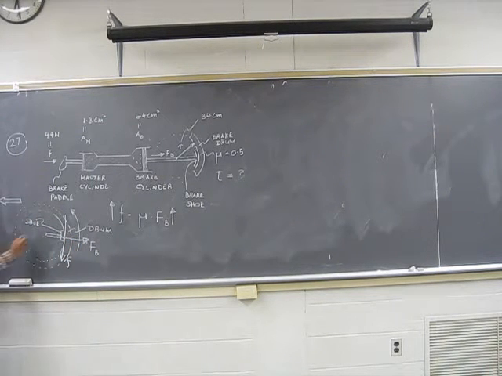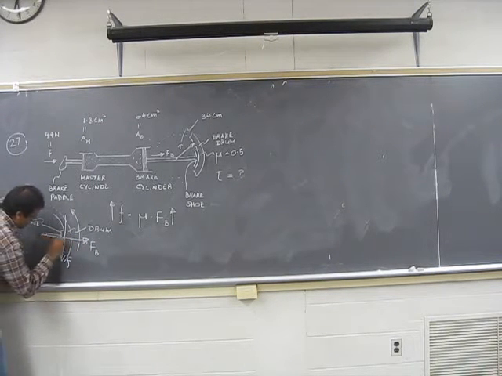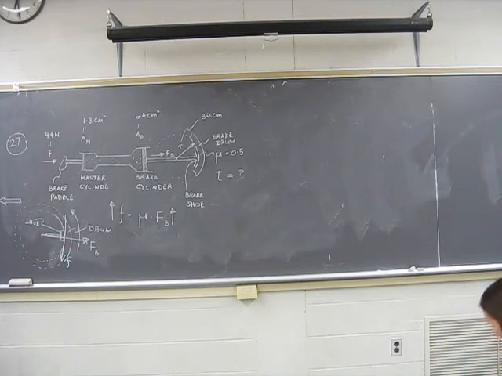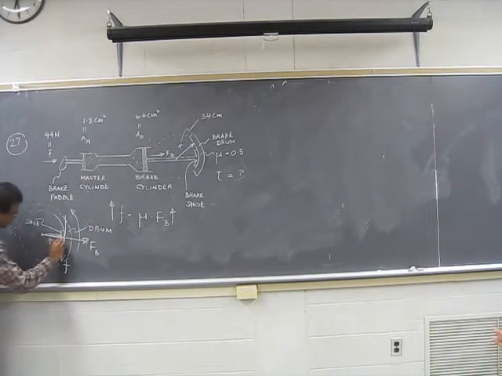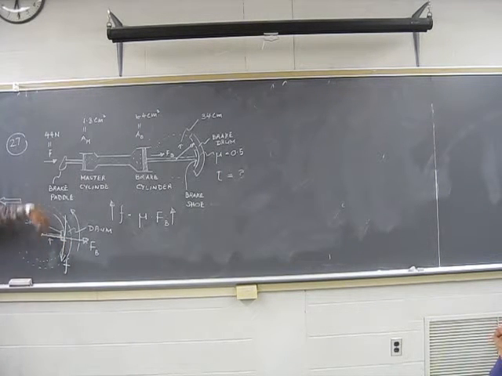The radius from the drum to the center of the wheel is given to us, which is R. We have a tangential force acting down. And a force trying to stop a rotation is what?